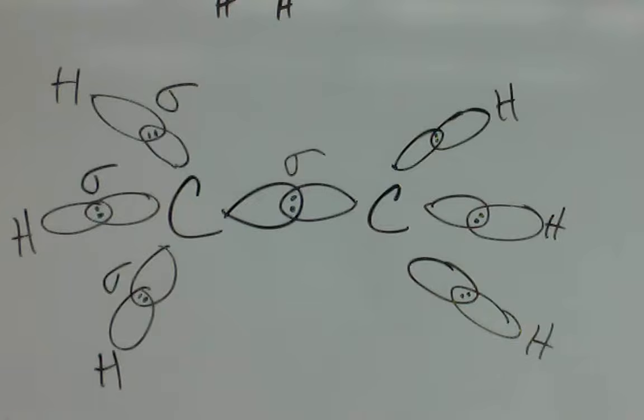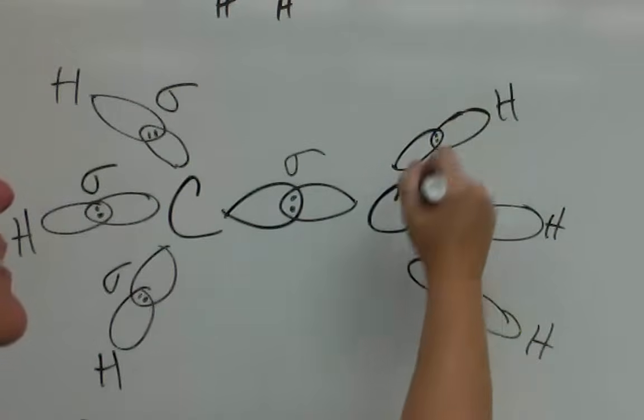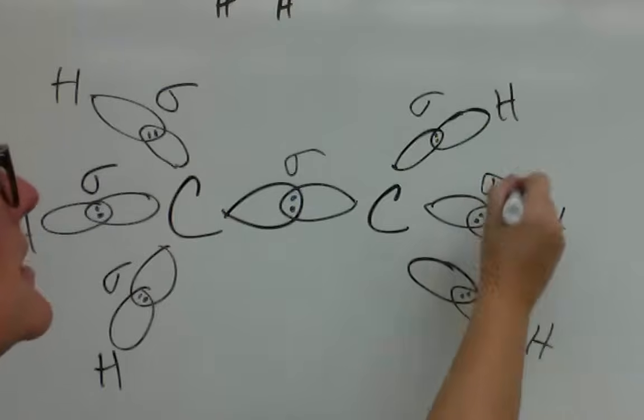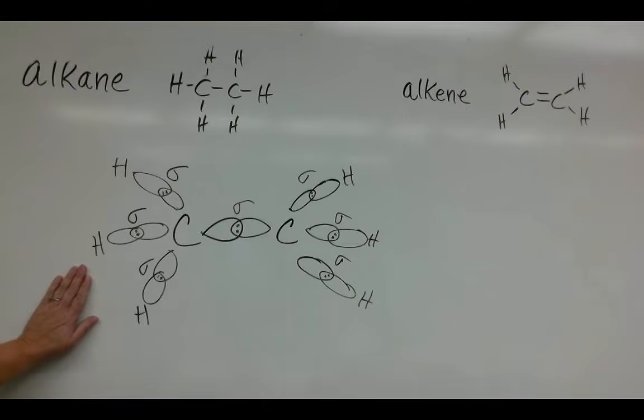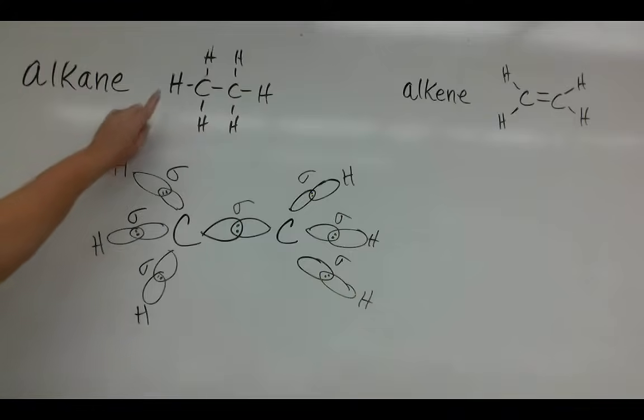Carbon-hydrogen is a sigma bond, sigma bond, sigma bond. So this is how you would represent the molecular orbital picture for an alkane, and this is specifically the molecular orbital picture for ethane, showing all 6 hydrogens.